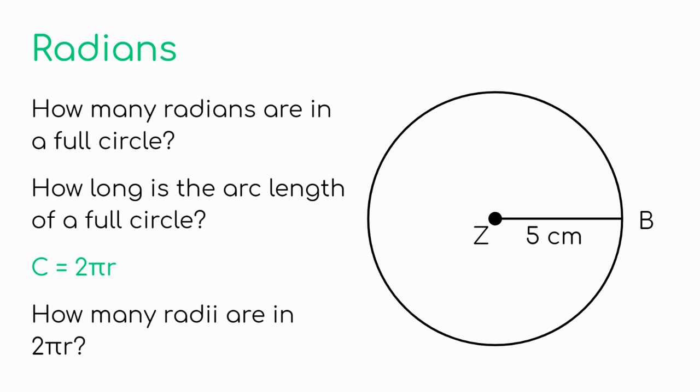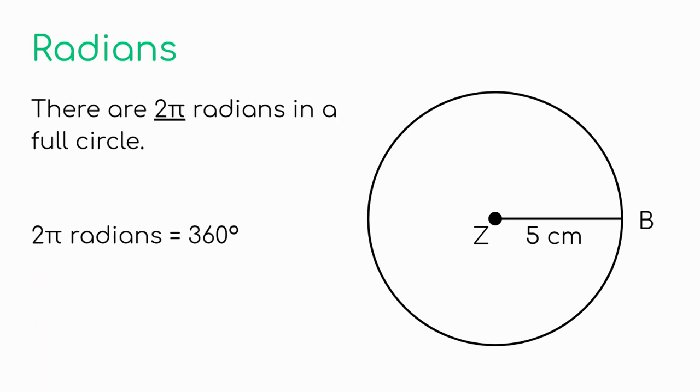How many radiuses are there in 2 pi times the radius? That's going to be 2 pi. There are 2 pi radians in a full circle. That means a full circle is 2 pi radians. A full circle is also 360 degrees. So 2 pi radians is the same as 360 degrees.